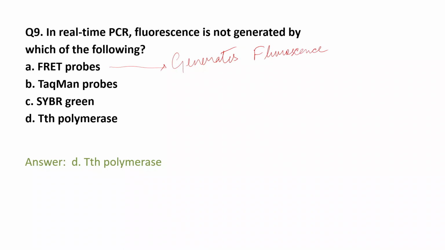Then you have TaqMan, which uses 5 prime nuclease activity and generates fluorescence. And then you have SYBR Green, which I believe intercalates and generates fluorescence.